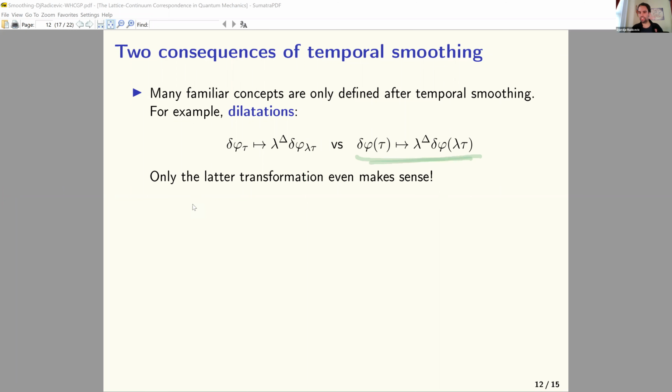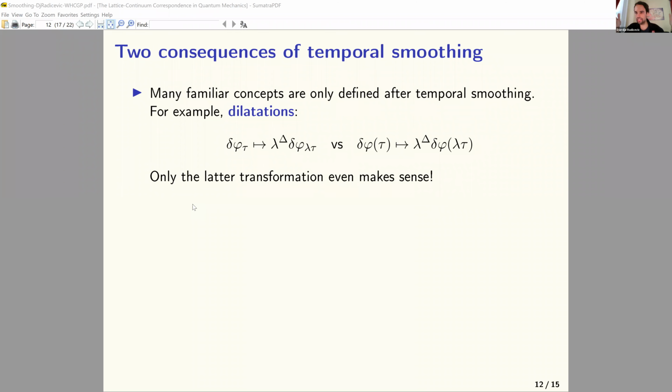But once you have appreciated the need to start from the lattice and do temporal smoothing, then you can notice that this transformation is perfectly sensible, because the point of temporal smoothing was that, just the same way that canonical smoothing worked, this can be expanded in powers of tau, and you will get something that looks like this: something that is only defined in terms of individual values of delta phi at tau.